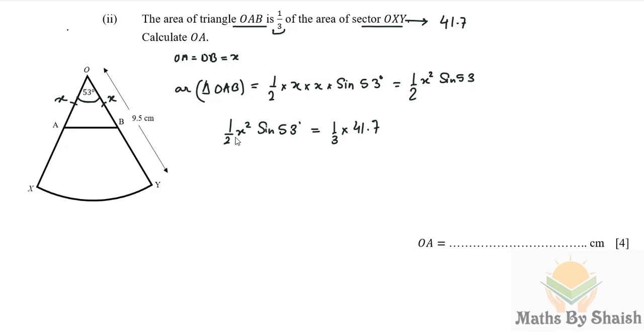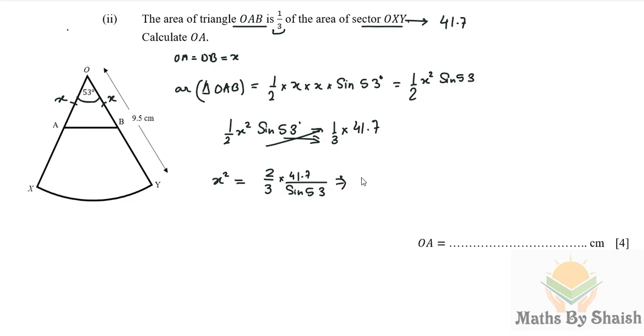Now if you make x square the subject, the 2 will go that side: 2 by 3 times 41.7, and then sine 53 will go down, so it is upon sine 53. We are doing the cross multiplication. Now x square is this.